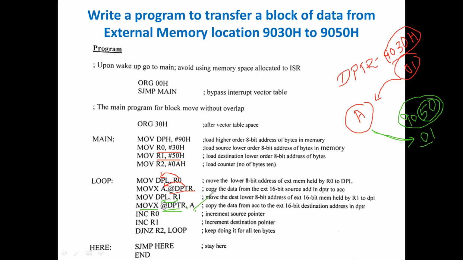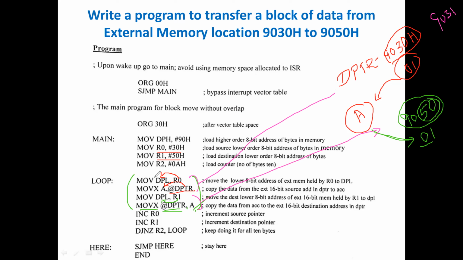This is the simple 4 instructions, very important. These two fetch the data from the source, and these two instructions place the data in the destination. Next, I want to move on to the 9031 location.